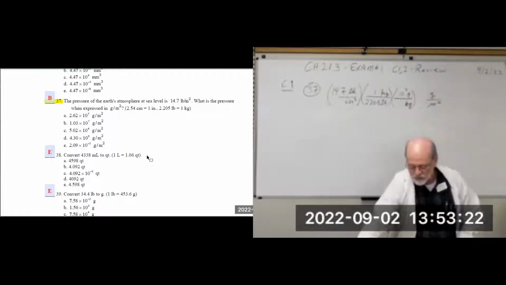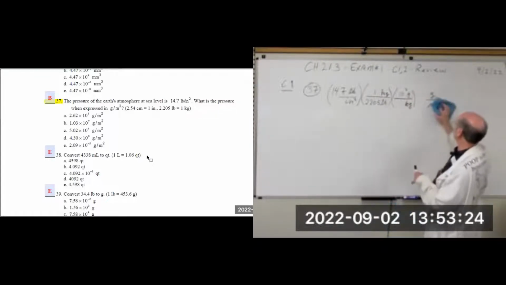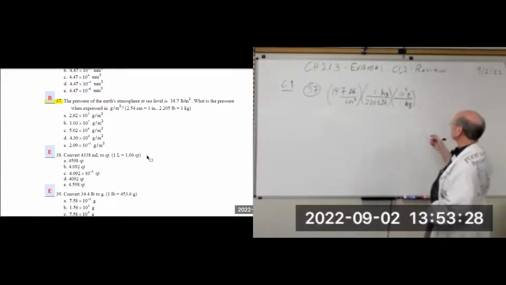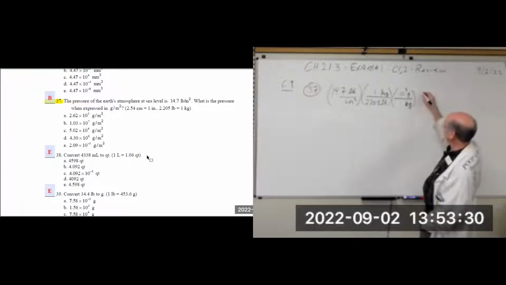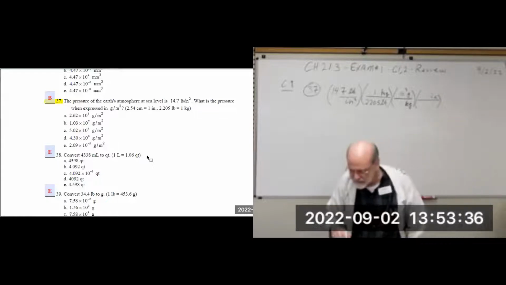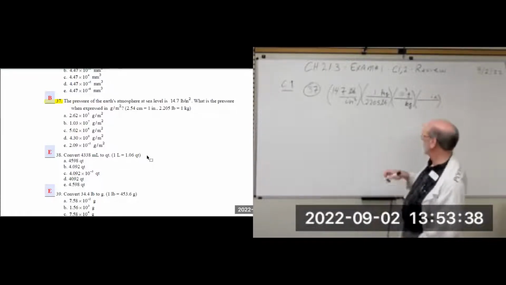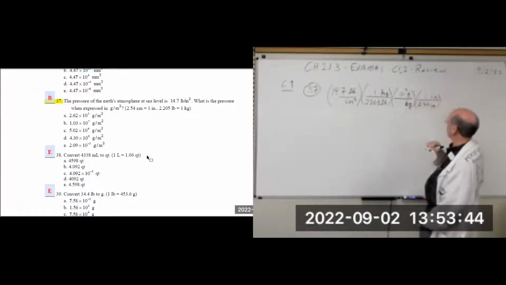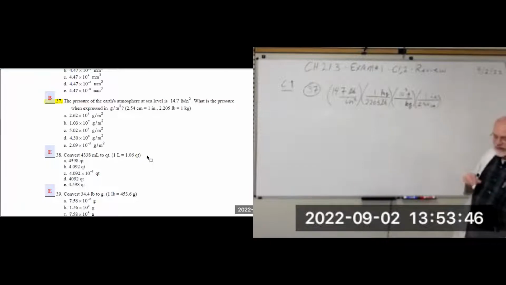And I'm going to need some more room, so I got to get rid of that. We're going for square meters next. We need to get rid of inches. And what's our conversion factor given? Centimeters. 2.54 centimeters per inch. What's the problem?